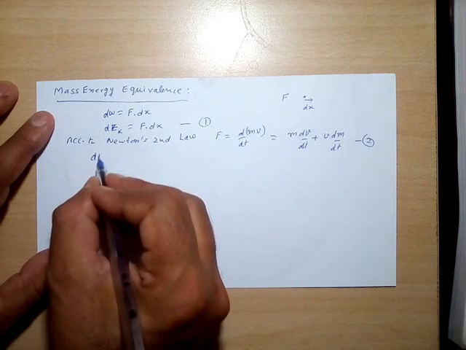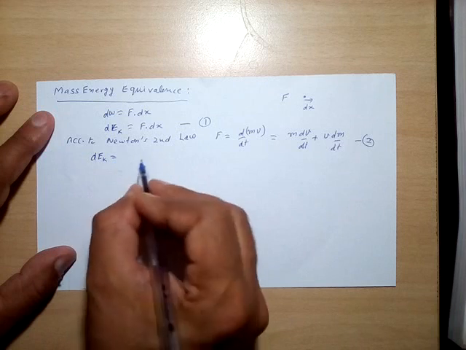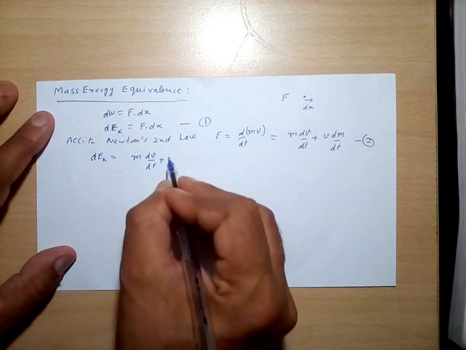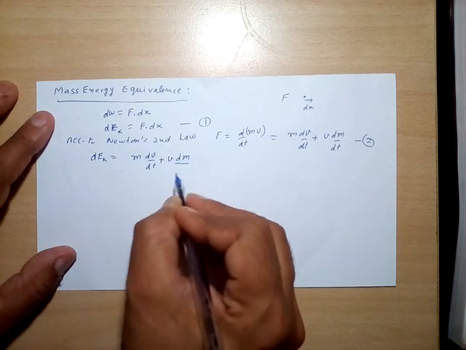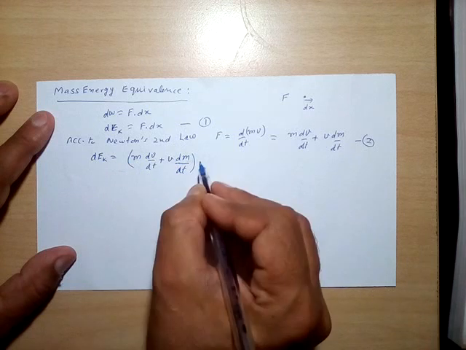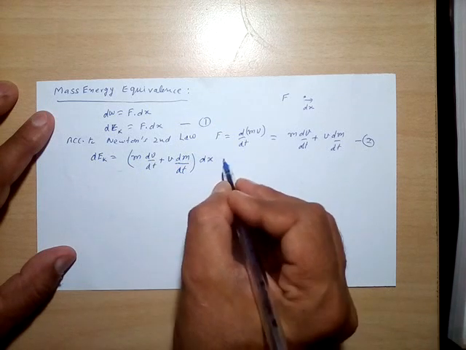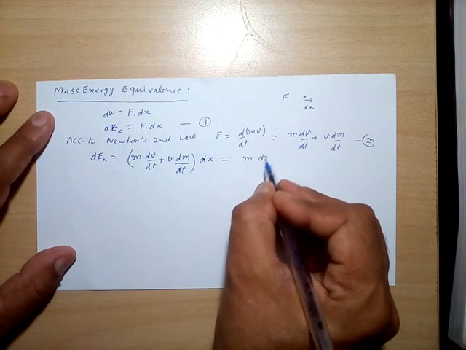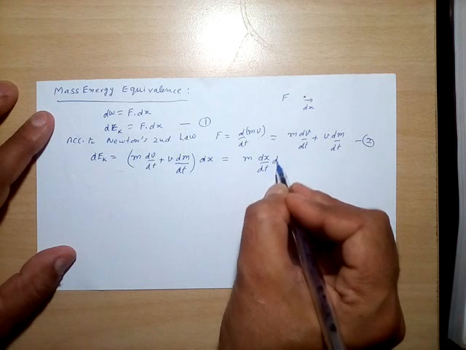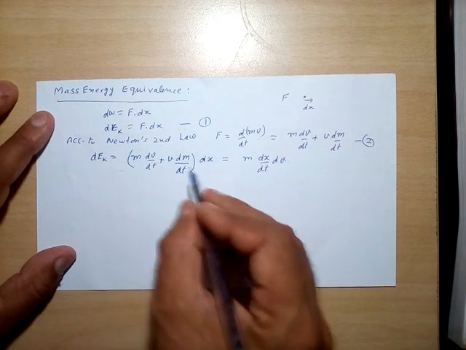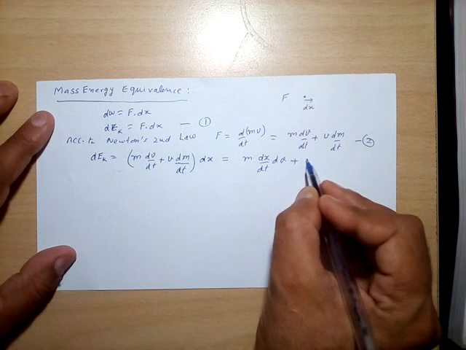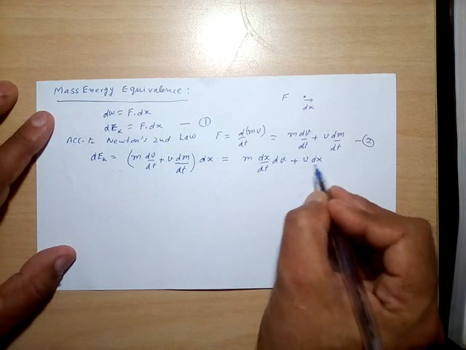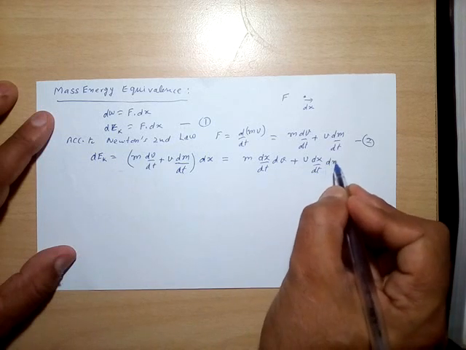So this dEk comes out to be m dv/dt plus v dm/dt into dx, or I will rearrange it like this: m into dx/dt into dv, plus v into dx/dt into dm.